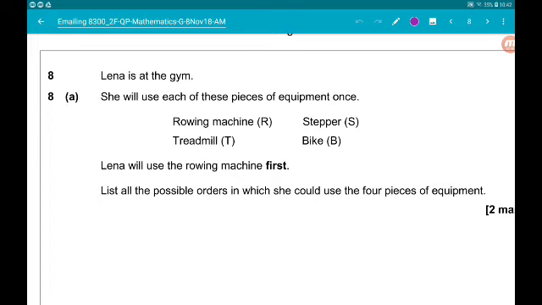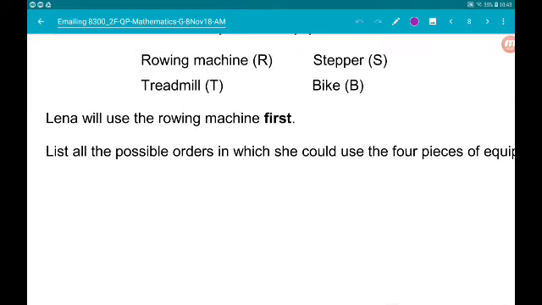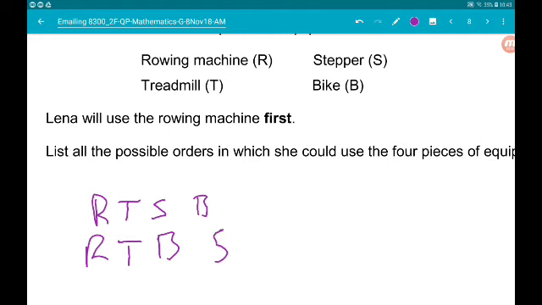Okay, so we know that she's using the rowing machine first. So we're always going to have R in the starting position. Now do this systematically. So let's have her on the treadmill next, and the stepper, and the bike. Now she can do R, T, B, S. So that's all the combinations of the treadmill second.